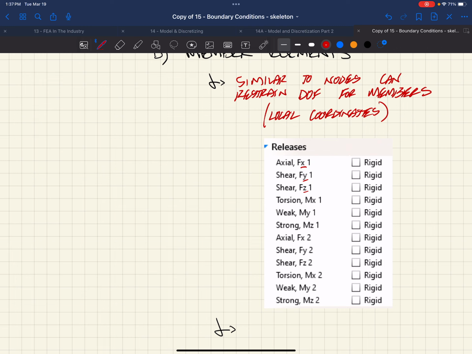This is really important. I'd say local to global coordinates in any FEA software program is very critical because all of the results we get out of these software programs are based on some coordinate system. Right? And so you've got to make sure that you are understanding the results that we're getting out. And so VA can give you local member results, right?